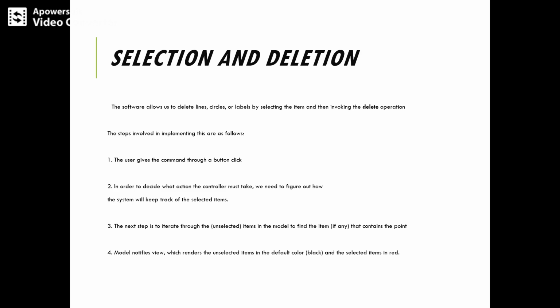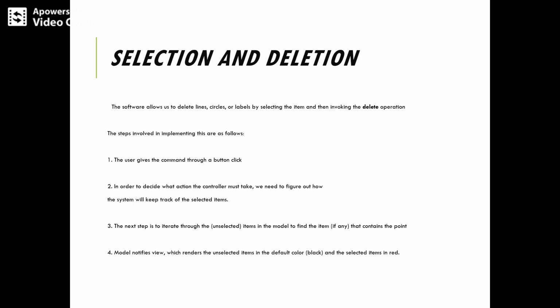Next, in order to decide what action the controller must take, we need to figure out how the system will keep track of the selected items. Since we know that the view is always responsible for how these items will be displayed, for example in red, we must always be able to recognize the selected items whenever updating the display.